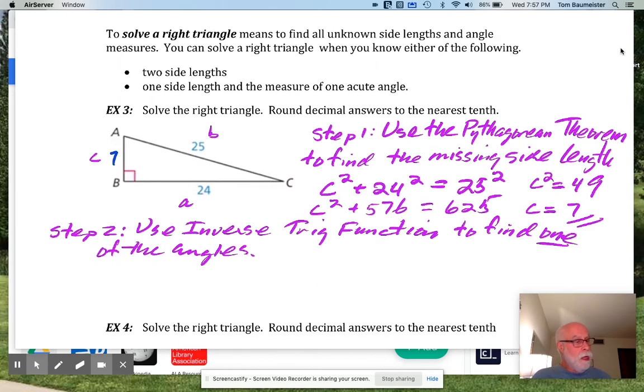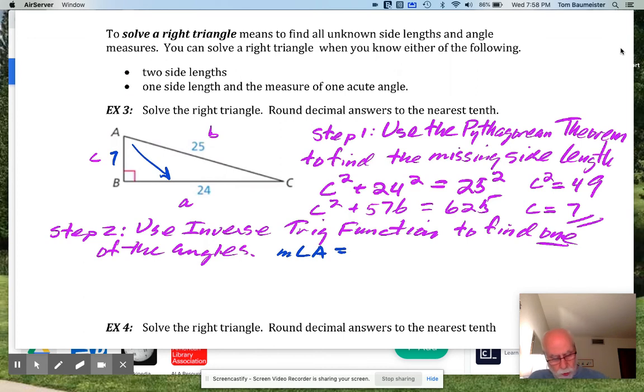All right, so you can still use sine, cosine, or tangent, the inverse of them. One of the things I always suggest is use the ones you know in case you made a mistake. So on this one here, I would say the measure of angle A, again, I chose A, I could have chosen C, but I chose A. And the ones I know, I knew the opposite, which is 24, and I know the hypotenuse, which is 25.